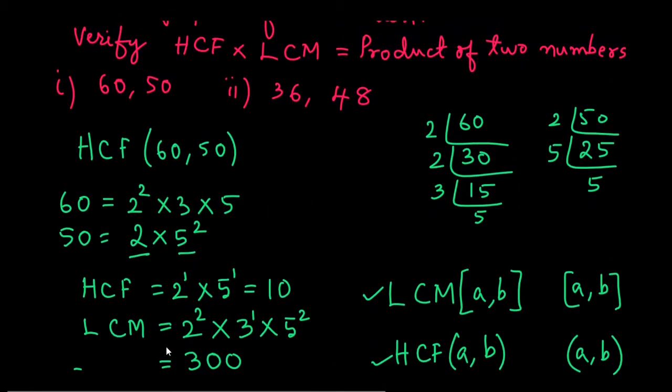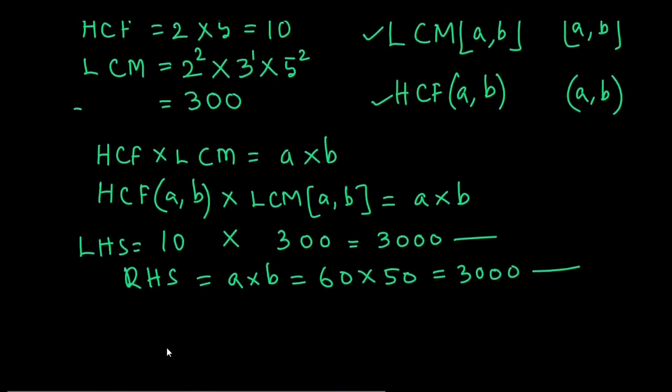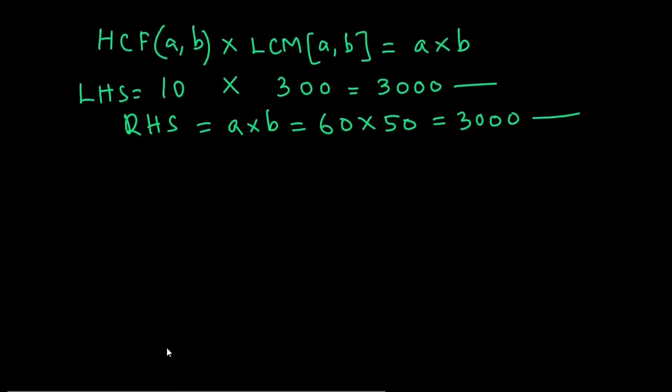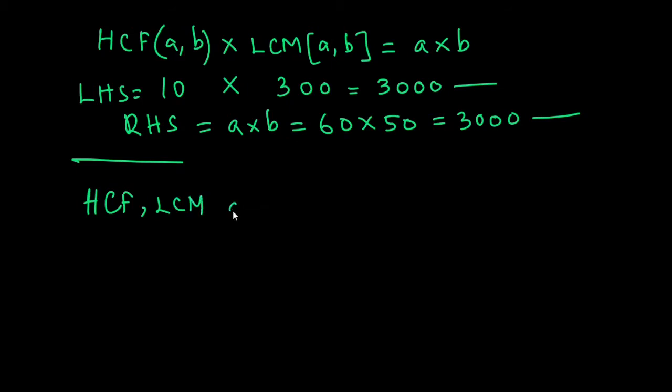Next one, 36 and 48. We want to find the HCF and LCM of 36 and 48. Let us write 36 and 48 in prime factorization. What is the prime factorization of 36?